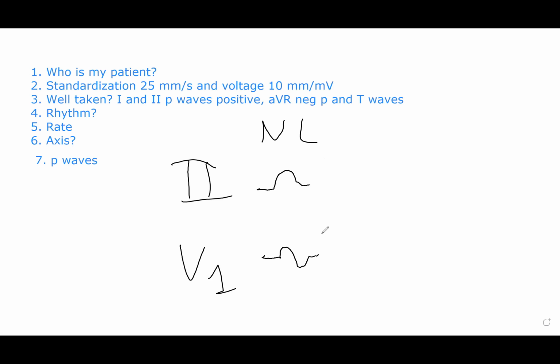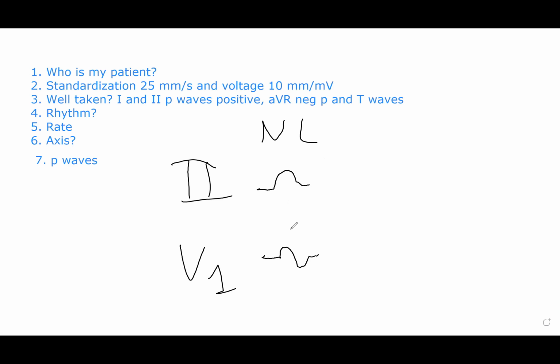I know Luca also touched a little bit on this, but in general, what you need to remember is that because lead 2 is at 60 degrees and both atria are depolarizing towards lead 2, you only see the depolarization of the atria as something positive. Meanwhile, V1, as you know, by location, is on the right side of the chest.